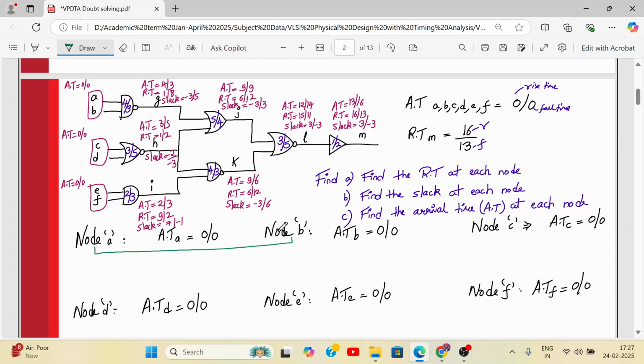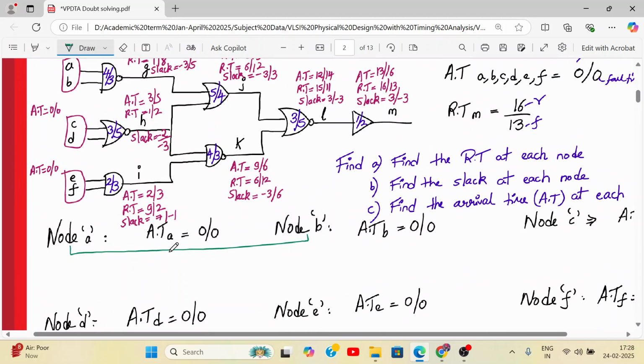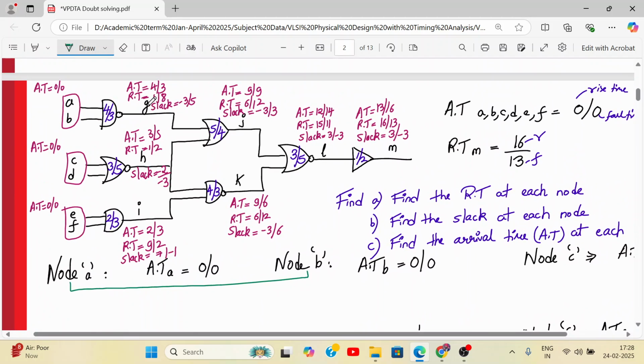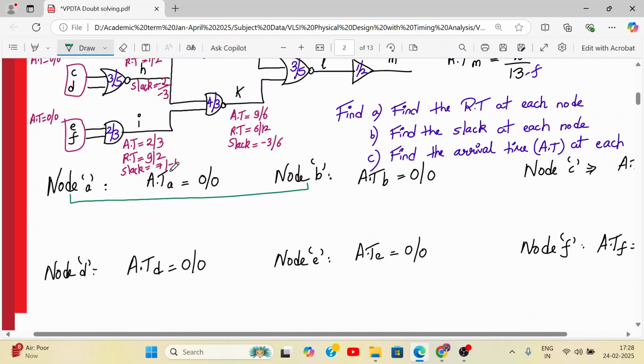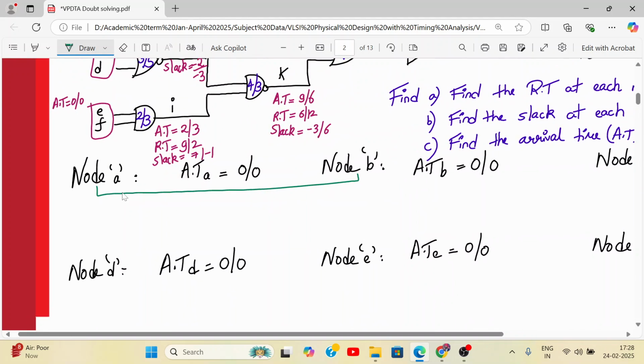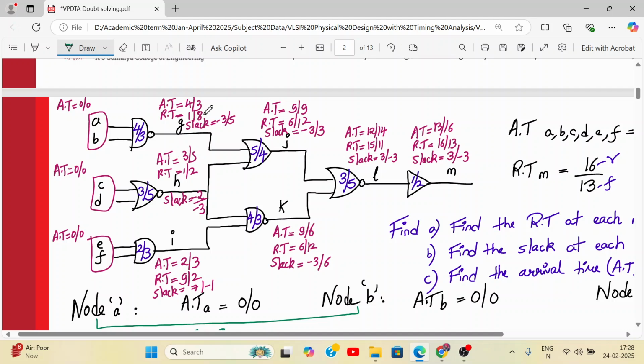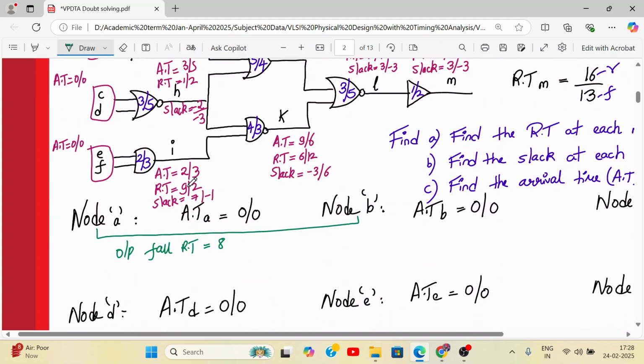Here the arrival time is 0, 0. They are connected to G. So for G, what is the required time? 1 and 8. Okay, so let us write down the output fall required time. It's 8 because it's connected to over here. It is fall. This is rise. So the output rise required time is 1.